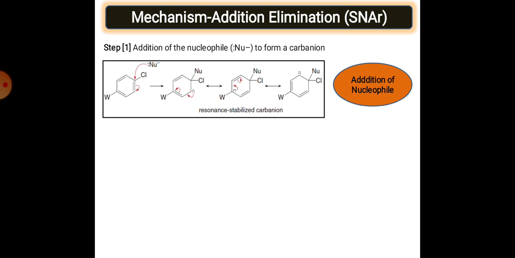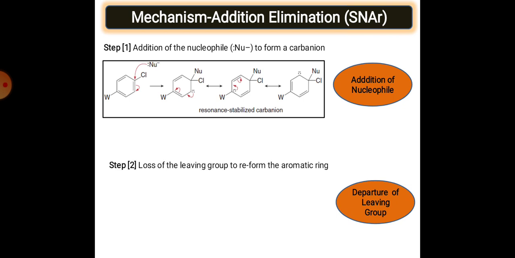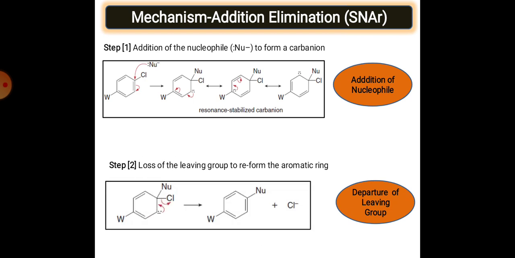The second step is the departure of the leaving group, with loss of the leaving group to reform the aromatic ring, because the aromatic ring should be stabilized. In this way the negative charge is shifted and the Cl, the leaving group, is free. So this nucleophilic substitution reaction proceeds in two steps: addition of the nucleophile and elimination of the leaving group.